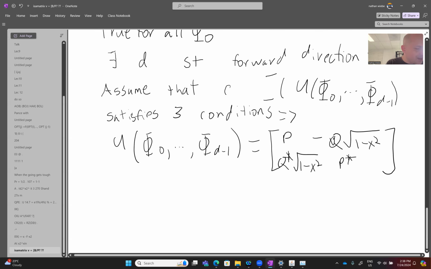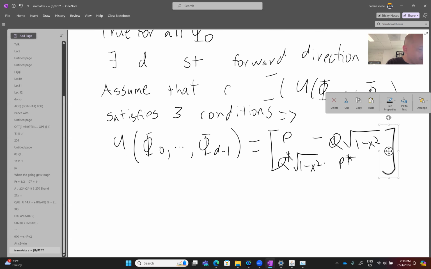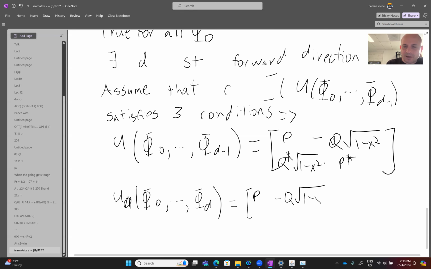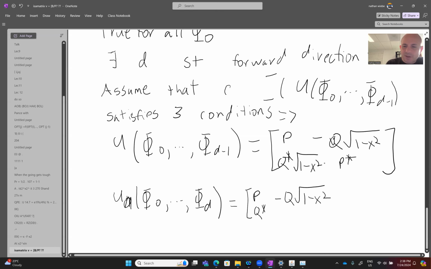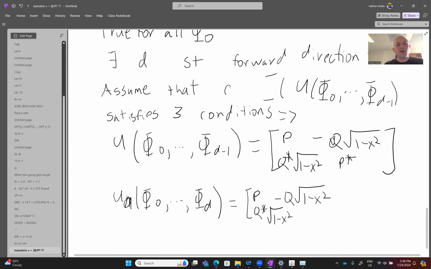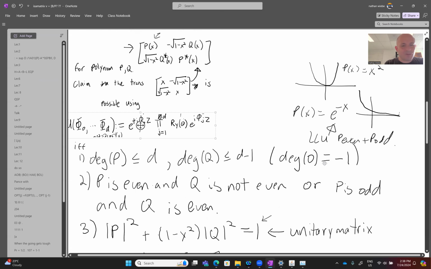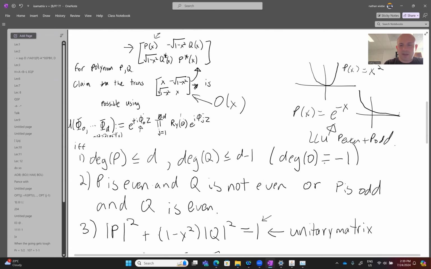And thus, U of phi 0 through phi d will end up satisfying the following. This will give us P, negative Q square root of 1 minus x squared. I'm just plugging everything into the product definition of this here. So I'm just adding essentially one extra query to this, which we'll call O_x.